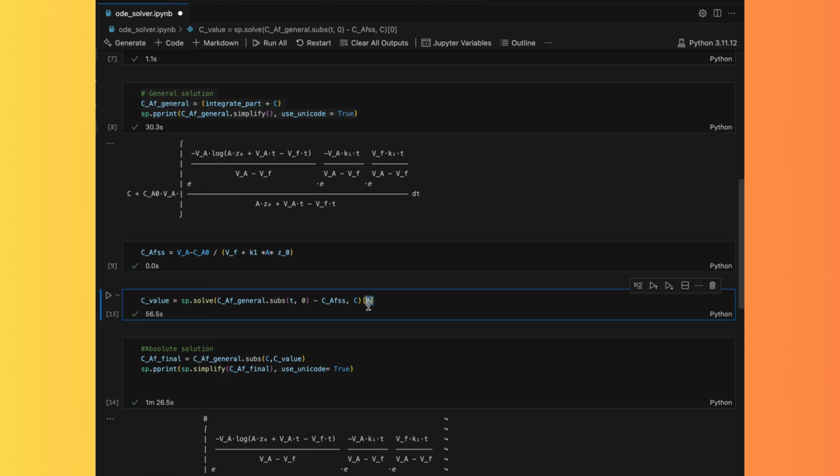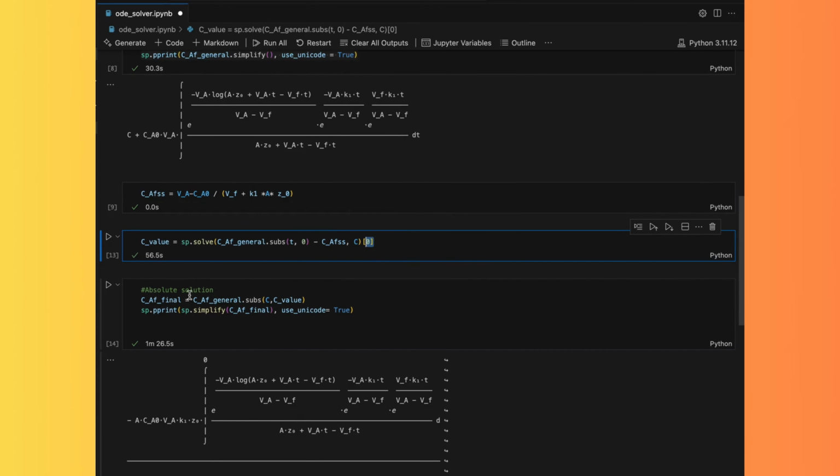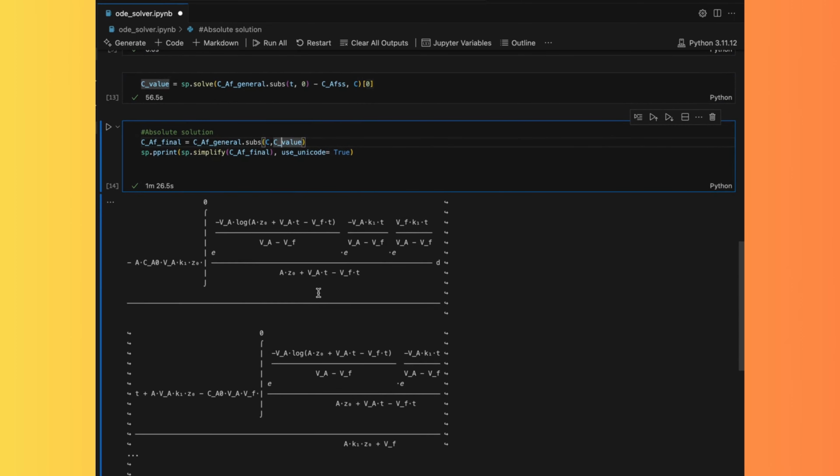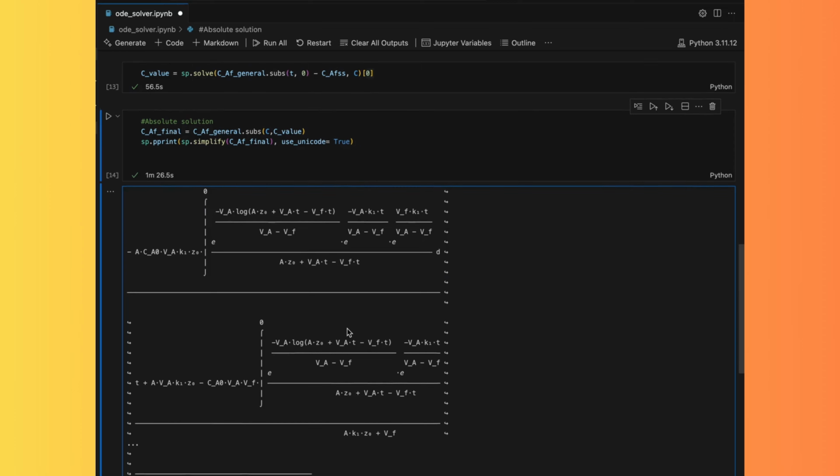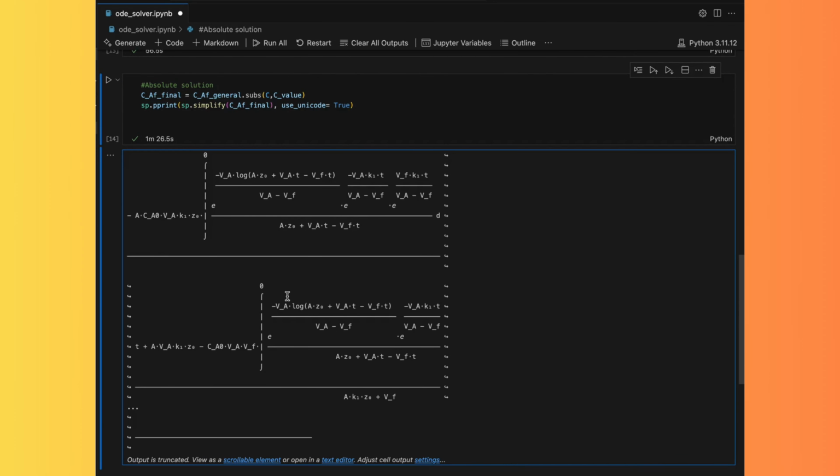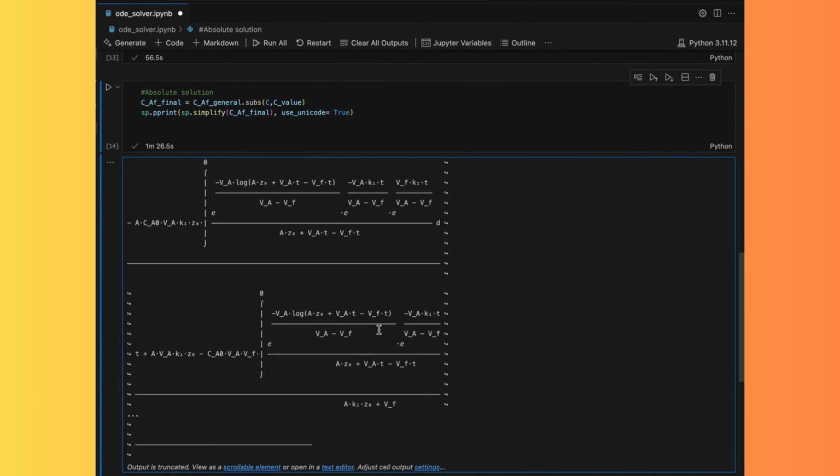Then we take its first parameter and CAF subs means it is applied: instead of C, it writes the C value. Then we simplify and print it. In our output the integration isn't applied, but we do not need to evaluate it. It's enough for now. Let's continue with finding CCF.